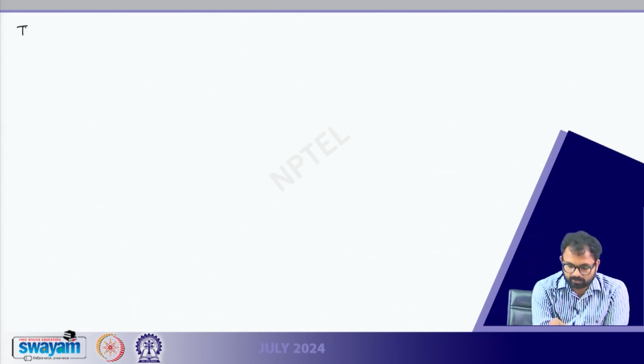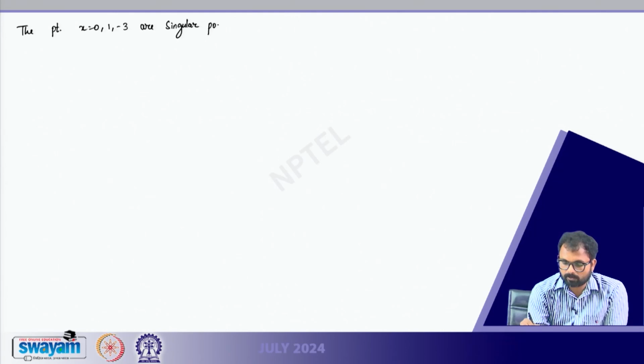So, here we can write the points x equals to 0, 1 and minus 3 are the singular points, right.